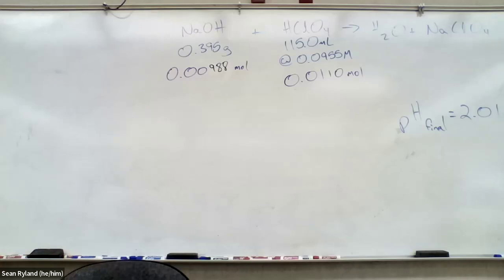Good. So once you have your concentration of acid, if you want pH, you take the negative log of your acid. If it's a strong acid, it's the same thing. Weak acids don't dissociate 100%, so your hydronium is not the same as your acid concentration.